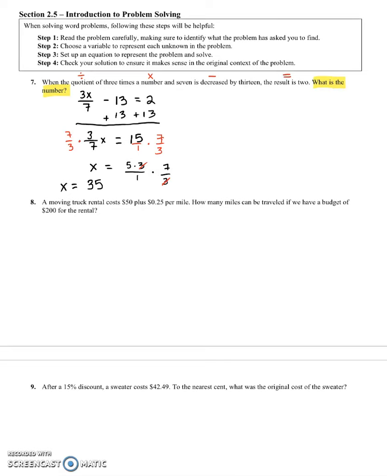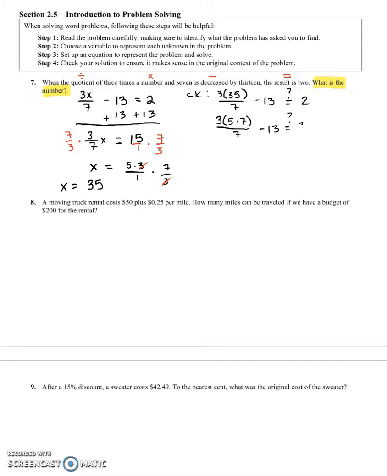Now, does that work out? Well, let's see. 3 times 35 over 7 minus 13. Does that equal 2? This is our check. Well, let's see. 35 is 5 times 7, over 7, minus 13.